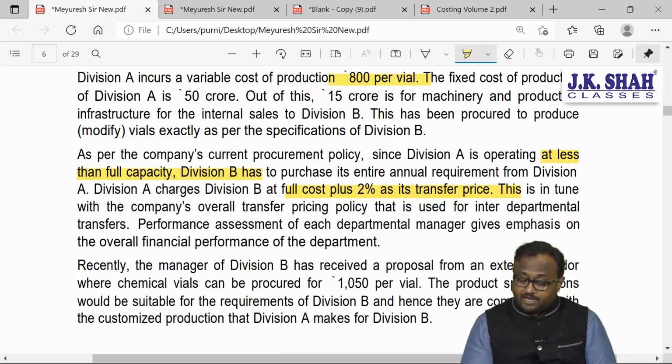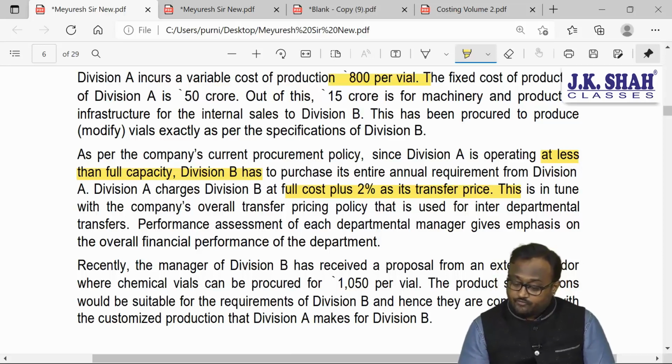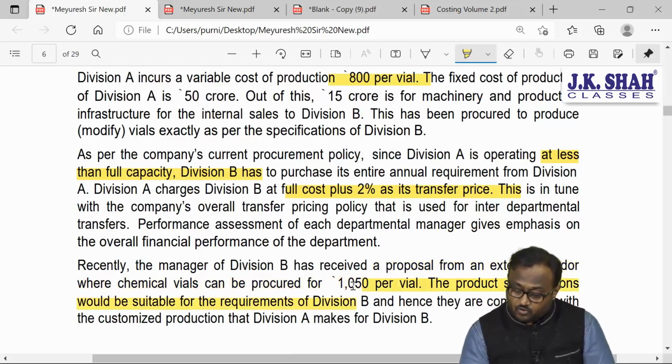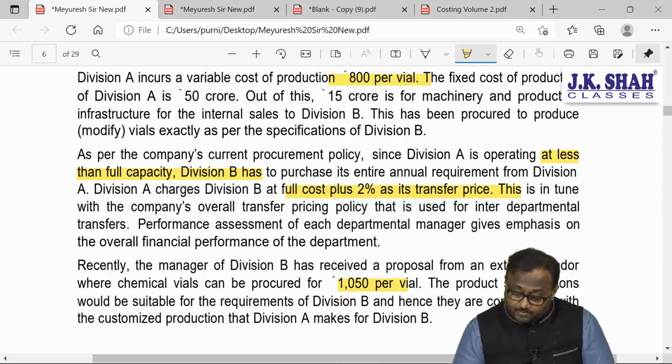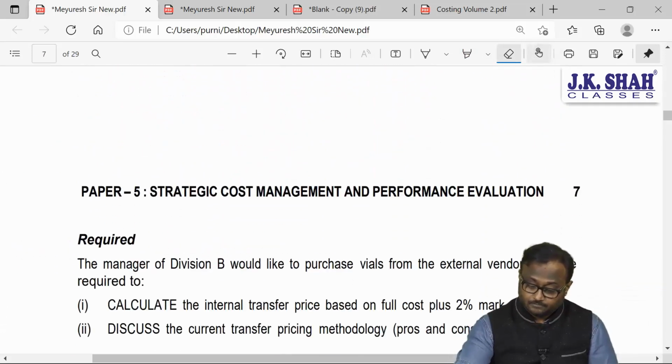Recently, the manager of Division B has received a proposal from an external vendor for 1050 per vial. The product specifications would be suitable for the requirement of B, hence they are comparable with the customized production that A makes for B. ये भी ठीक है.